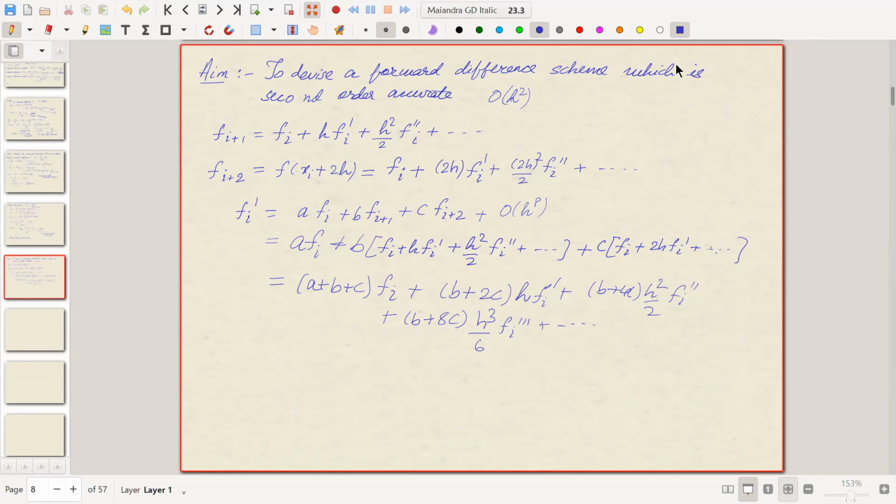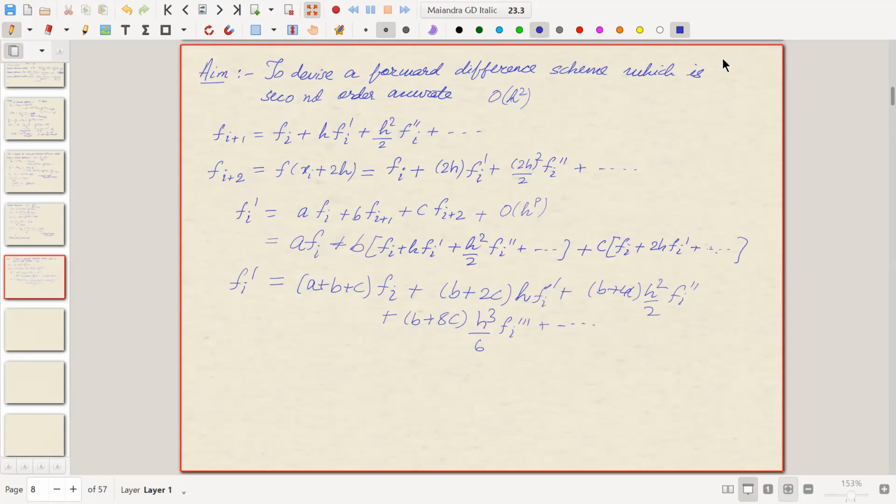Suggest to me what I should do next. So we have written f i prime in terms of f i prime.